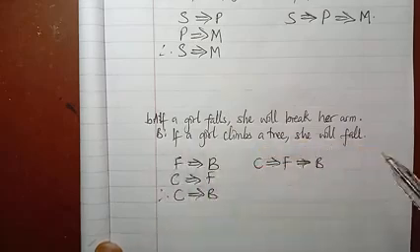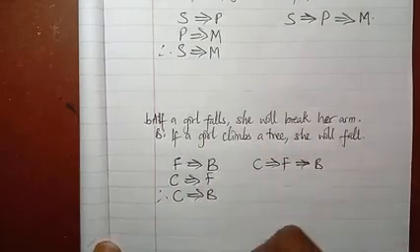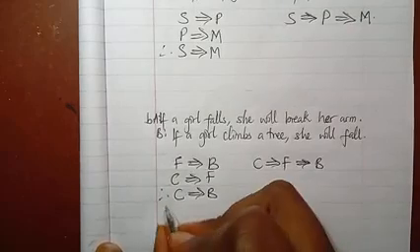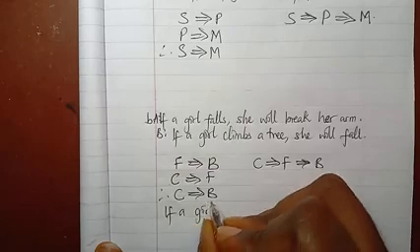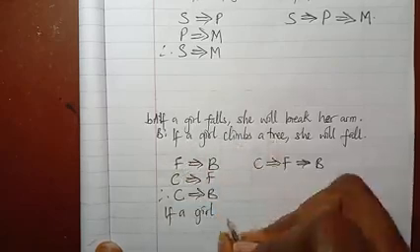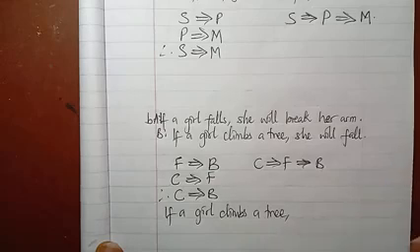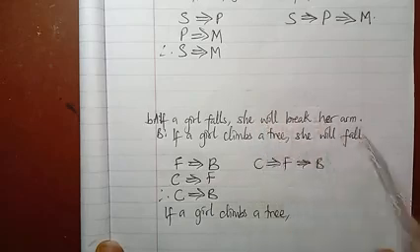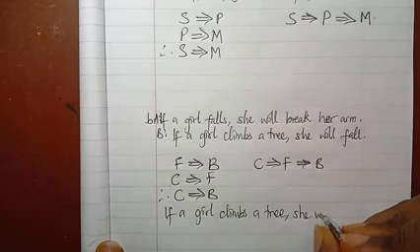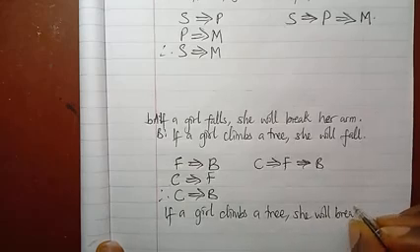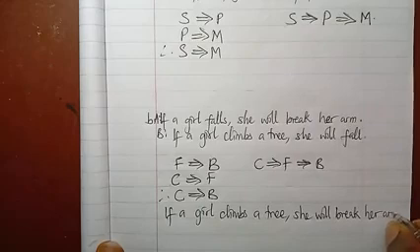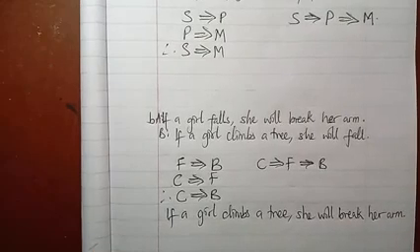Let us write it in sentence form: if a girl climbs a tree, that is C, she will break her arm, the B part. So we can see the validity of arguments and how to draw perfect conclusions out of arguments.